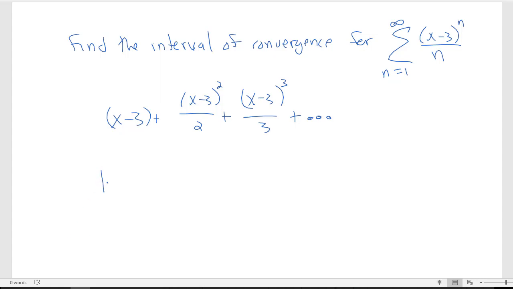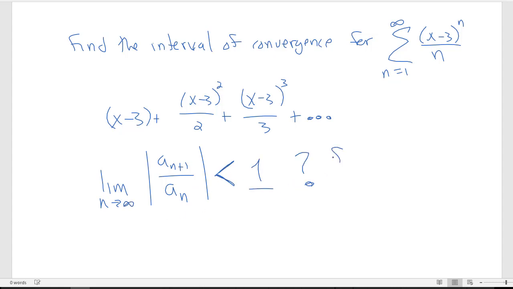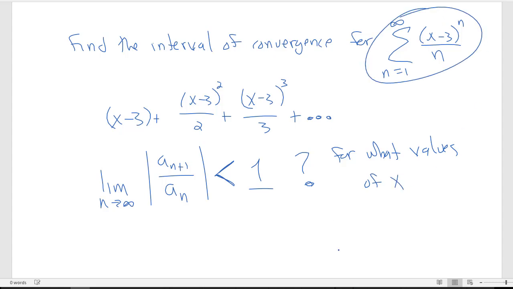So again, I'm going to use the ratio test, and I want to know where the limit of the ratio of any pair of adjacent terms is 1. For what value of x? That's what we're asking. Now I'm looking at my power series, and I'm going to plug in n plus 1 and then divide by the nth term.